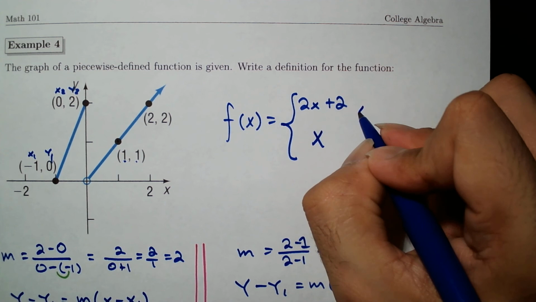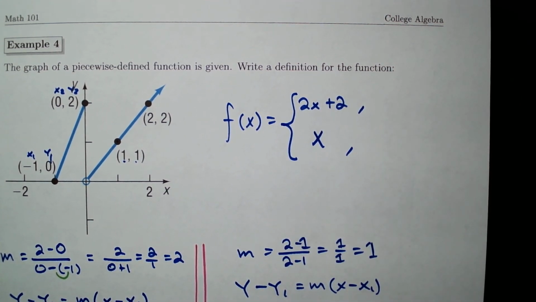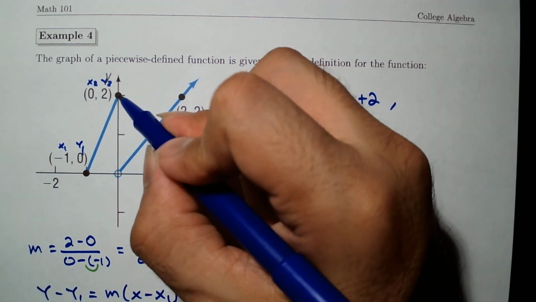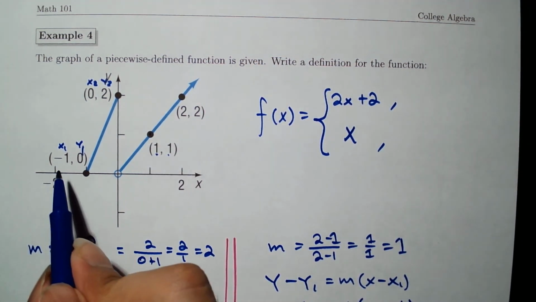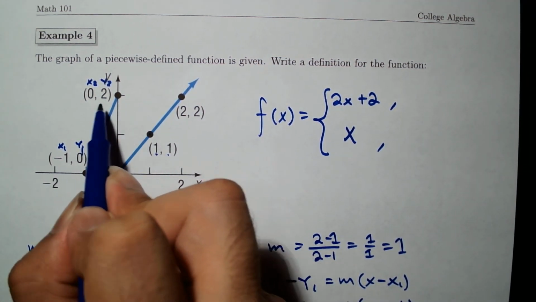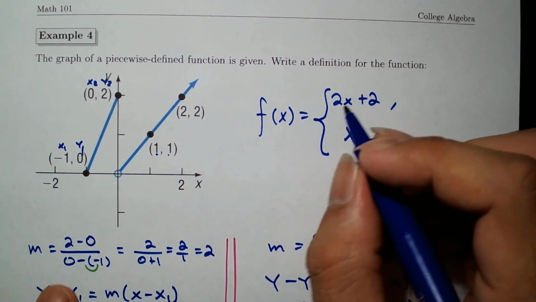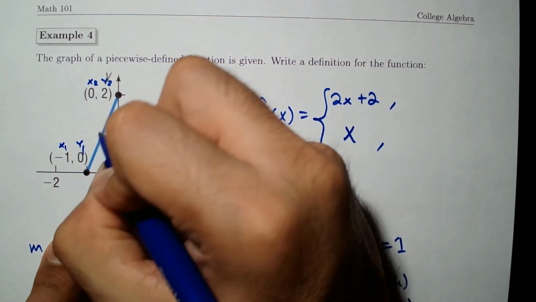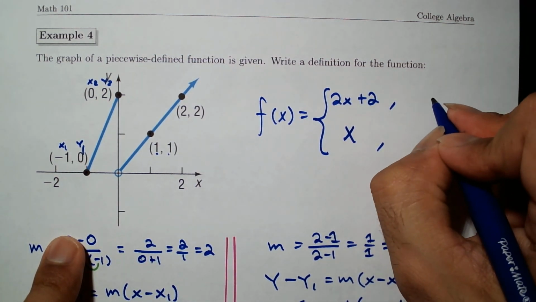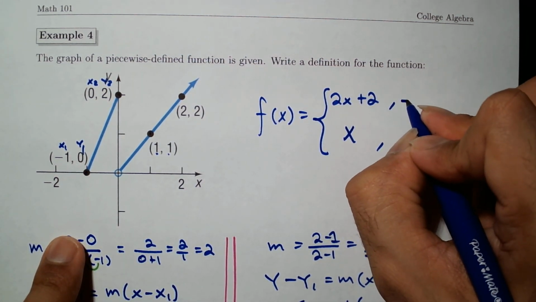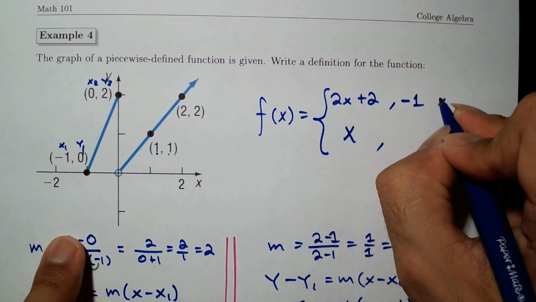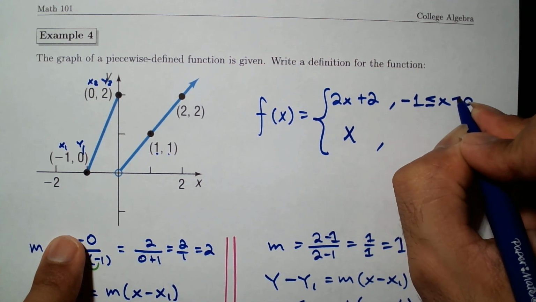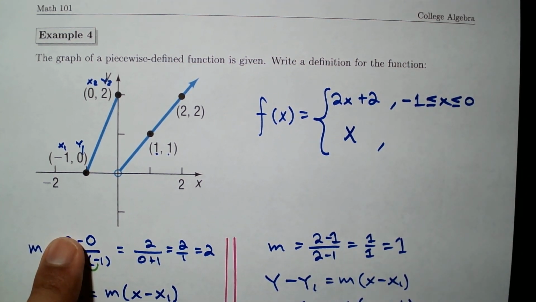Now it's time to add the conditions for each. Okay, notice that the first diagonal line goes from -1 to 0. On both endpoints, we have solid bubble. So in this case, it goes from -1 to 0. Because they're solid points, we have the equal part of the inequality.